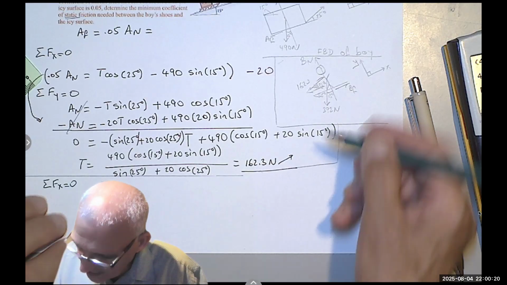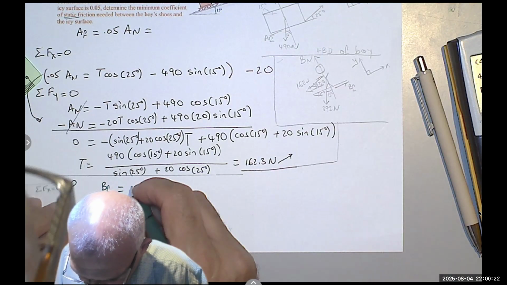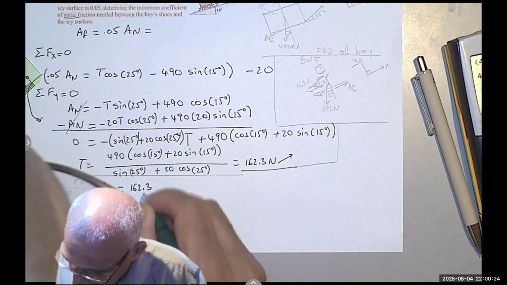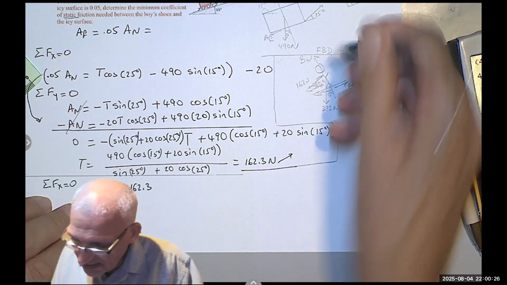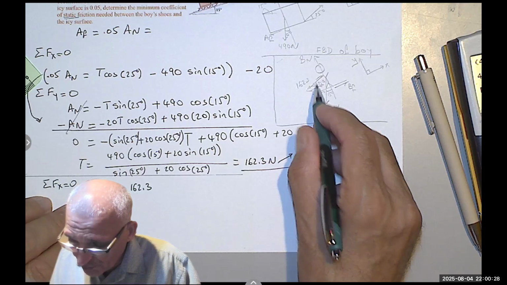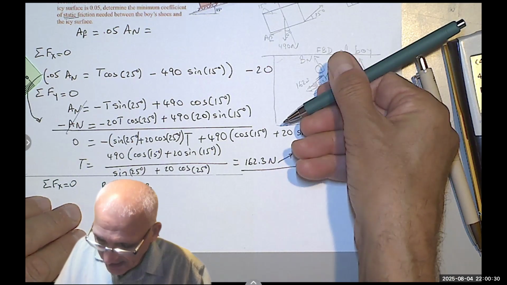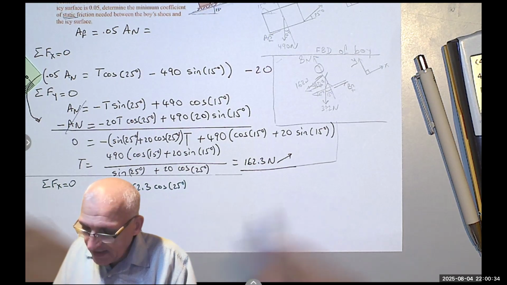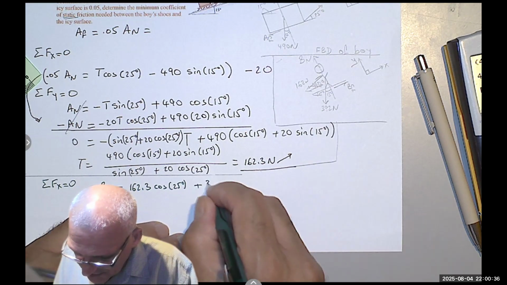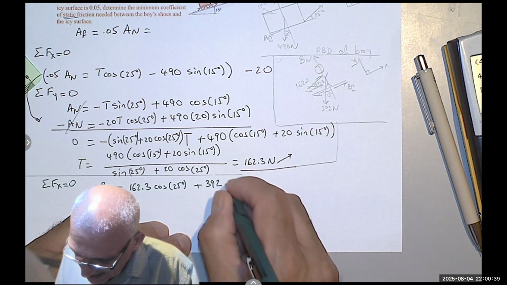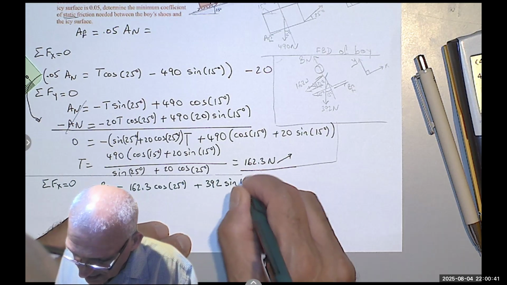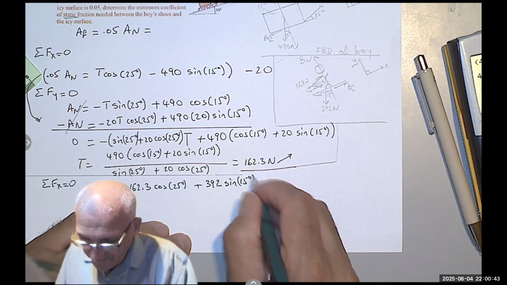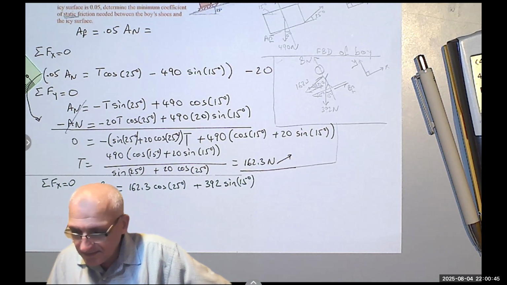So really BF would be the 162.3, which makes an angle of 25 degrees with the incline, so cosine 25, plus 392 sine 15. That's all, right?